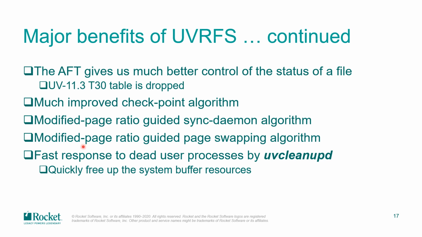Now we can detect abnormal termination of a UniVerse process in about 0.2 of a second. That is very quick, and this helps because a process holding system buffer resources could drag the other processes. So now, because of the quick detection, we can quickly free up the resources they are holding, so the system runs much more smoothly.